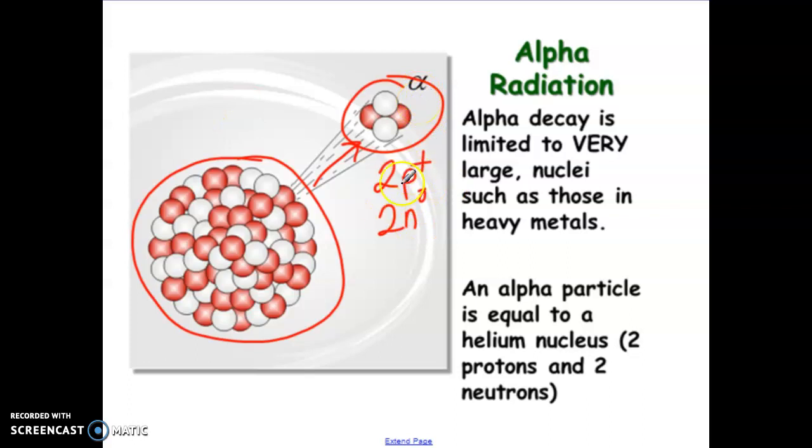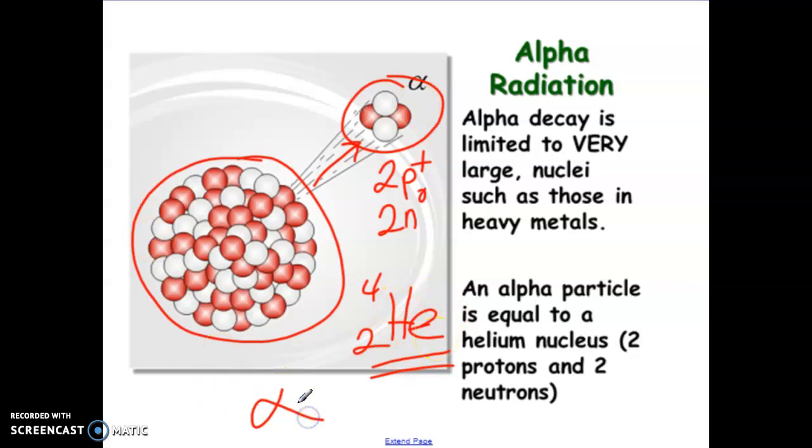It has a mass of 4 and an atomic number of 2. The reason why the helium symbol can be used is because this particle that fragmented off is equivalent to the nucleus of a helium atom. Now, it's not a helium atom because there's no electrons here. It's only 2 protons and 2 neutrons, but that's why this symbol is sometimes used.